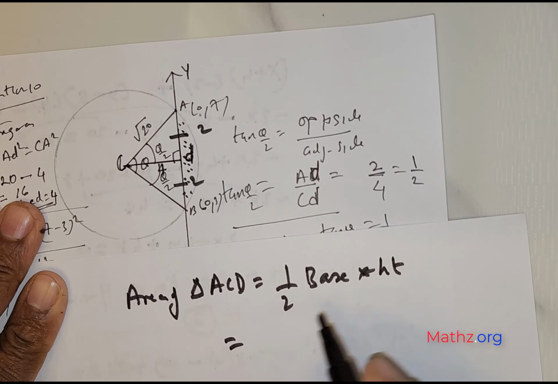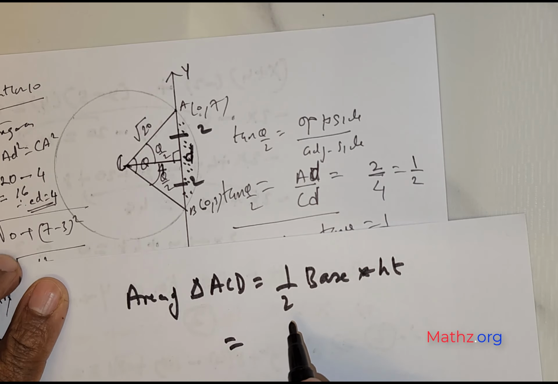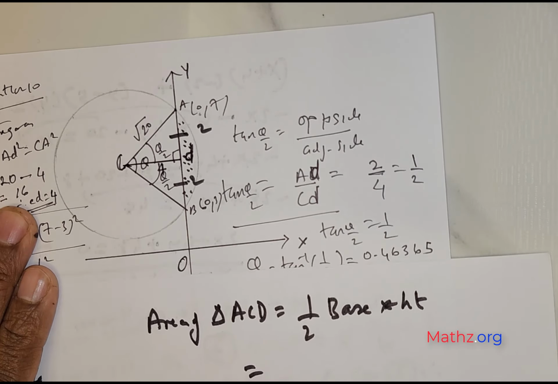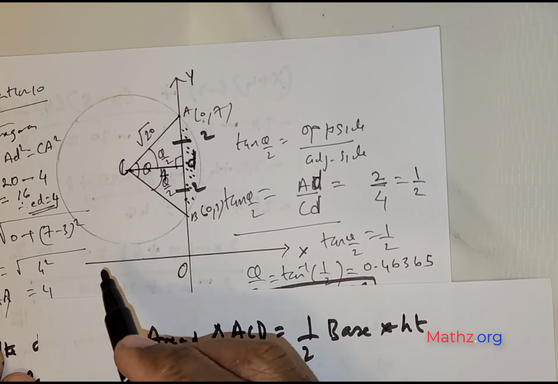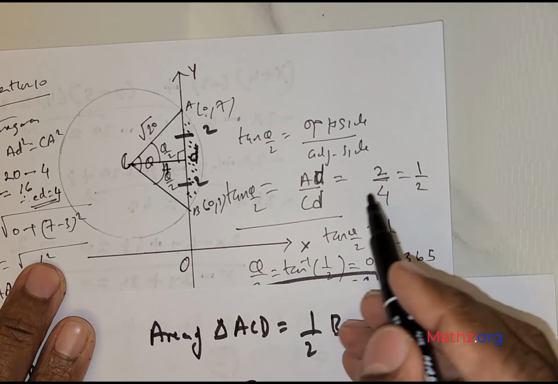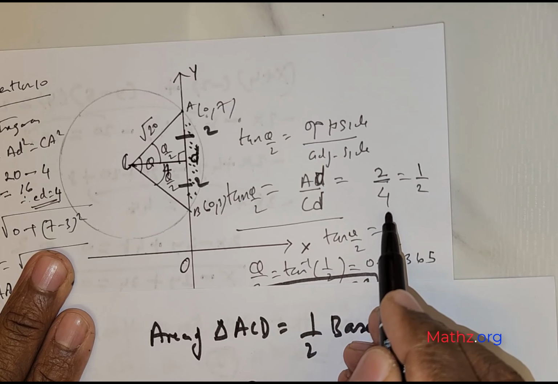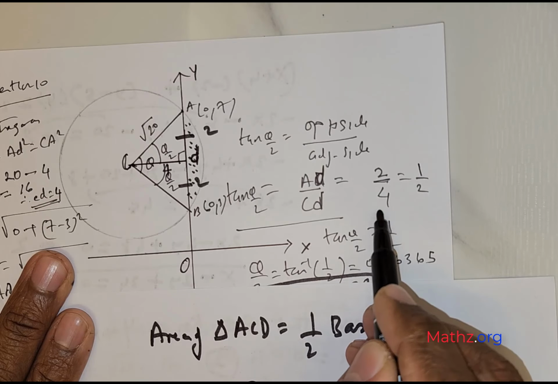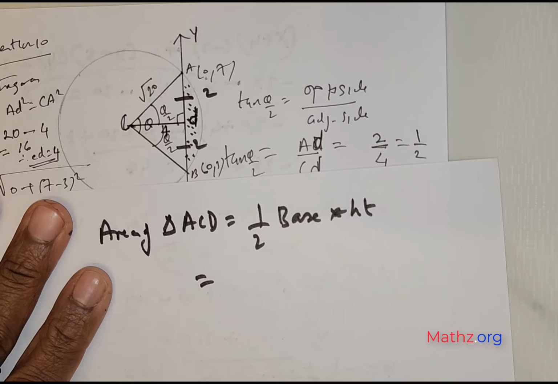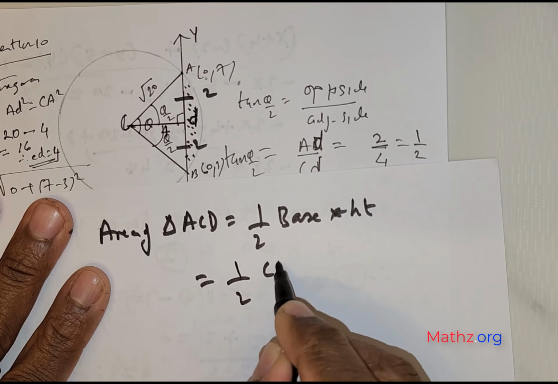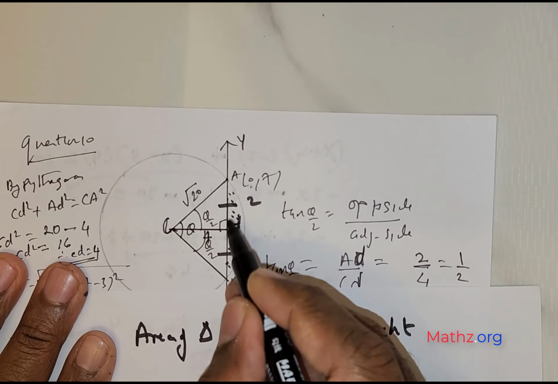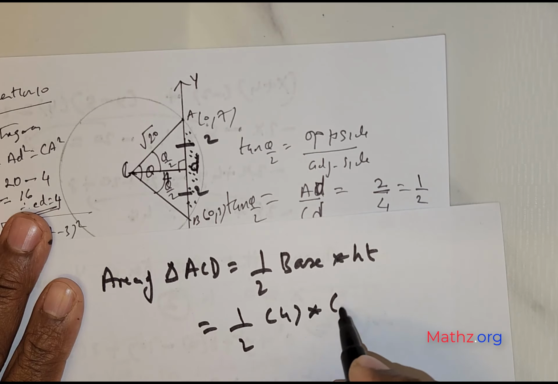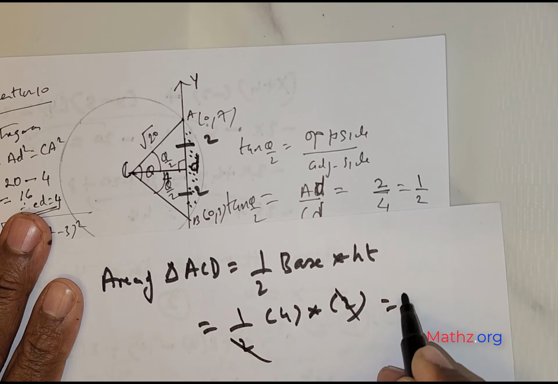Now we need to get the base, right? So what is the base we found? The base we found as 4 units. We already got 4 units here, you see here. So half times 4 units times the height is 2 units. So 2 gets cancelled, you get 4.